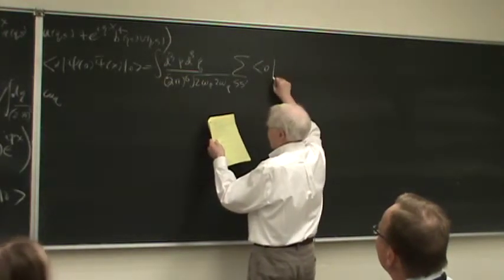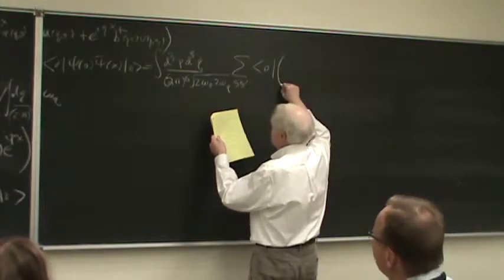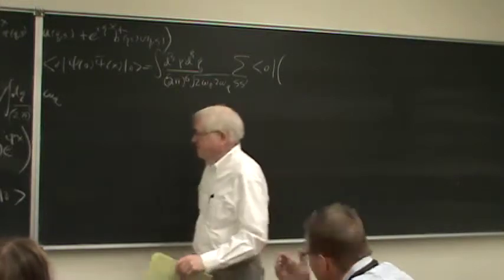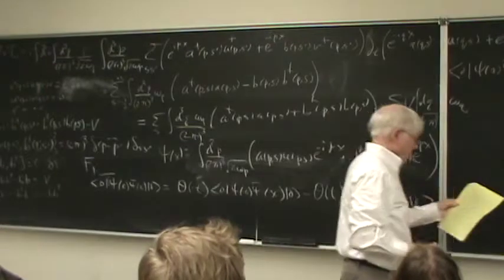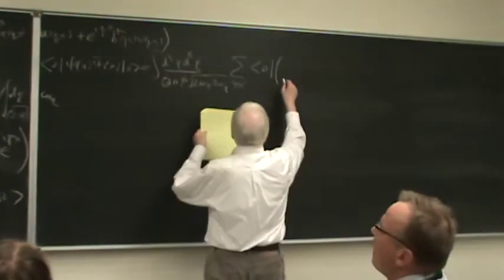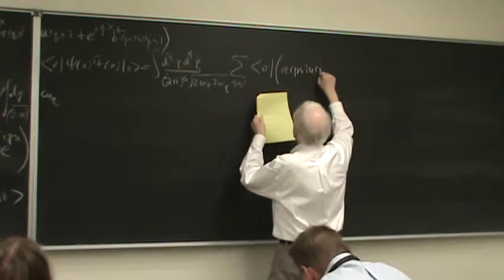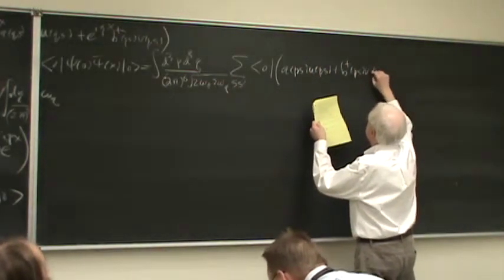All right. Vacuum. What do we do? Well, one of the advantages of using zero is that the phase factors go away. And so what we have is something much simpler. We have just a of p and s, u of p and s, plus b dagger of p and s, b of p and s.